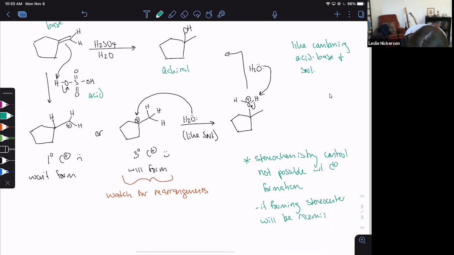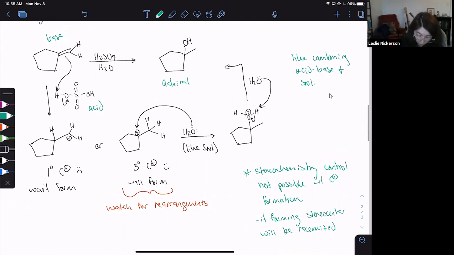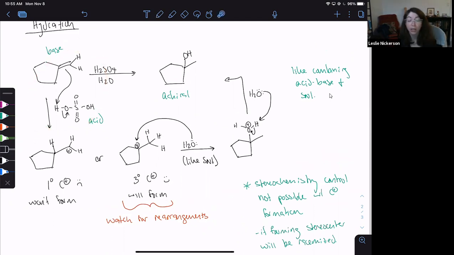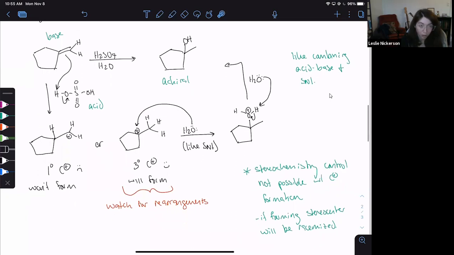It is going to be racemized, including if you're forming a stereocenter at this first acid-base reaction. So if the first thing when you protonate forms a stereocenter right here, then you will end up having that be wedge and dash because you're still starting with something flat, okay? So just keep that in mind as you're going through these reactions. If I'm starting with something flat, I have equal opportunity of top and bottom reaction.